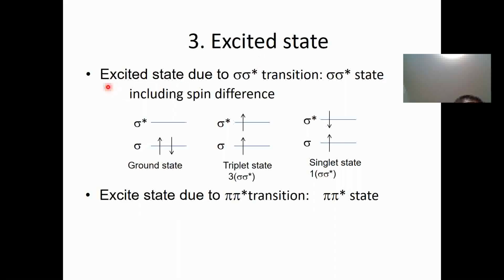So let's start with the excited state in the case of a sigma bond. What we are thinking about now is a C-C bond, where the two carbons are connected by a sigma bond.